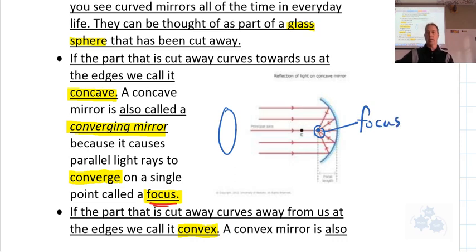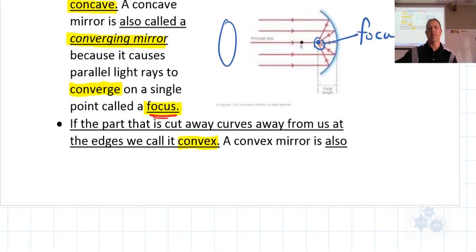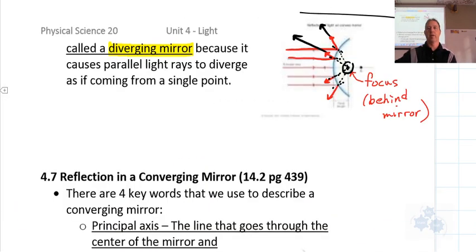If the part that is cut away curves away from us at the edges, it's called a convex mirror. Okay, so here's the diagram for a convex mirror, just to clean this up a little bit. As the rays come in, if it's curved this way, you can see that the light rays will not converge to a point in front.